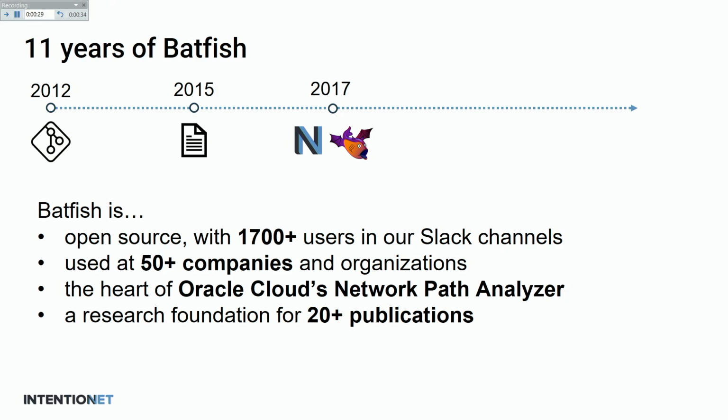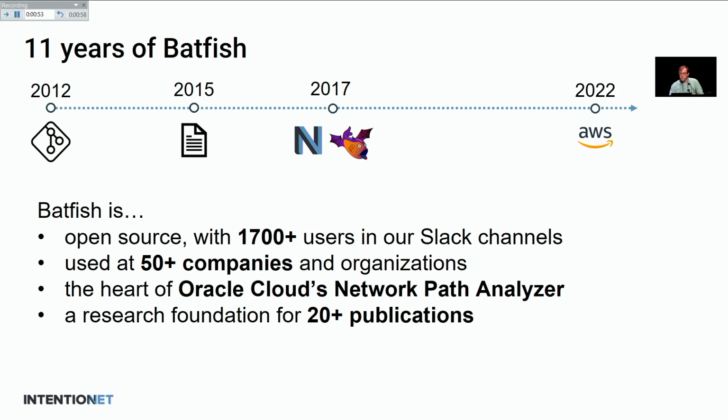Batfish is open source. We have 1,700 users in our Slack channels. Batfish technology is used at 50 companies and organizations. It forms the heart of Oracle Cloud's network path analyzer, which lets users understand how their cloud resources are connected or deliberately not connected. It has also become a foundation for research for more than 20 publications, including perhaps some in this session.